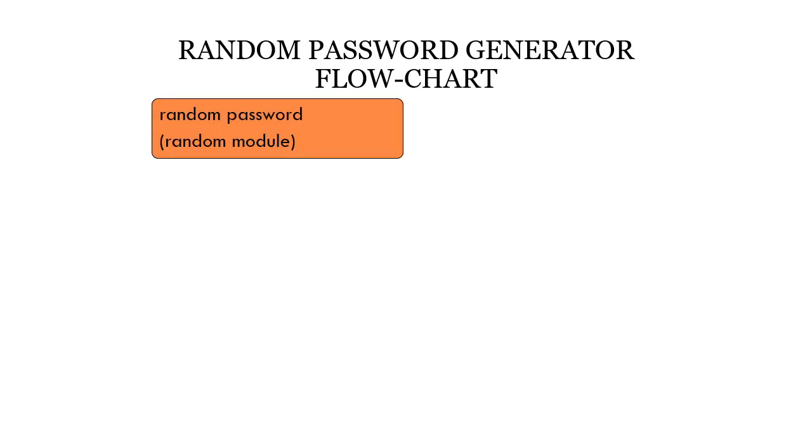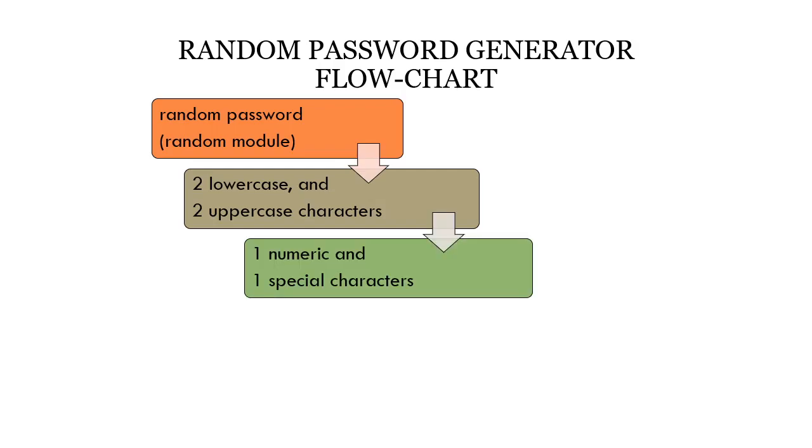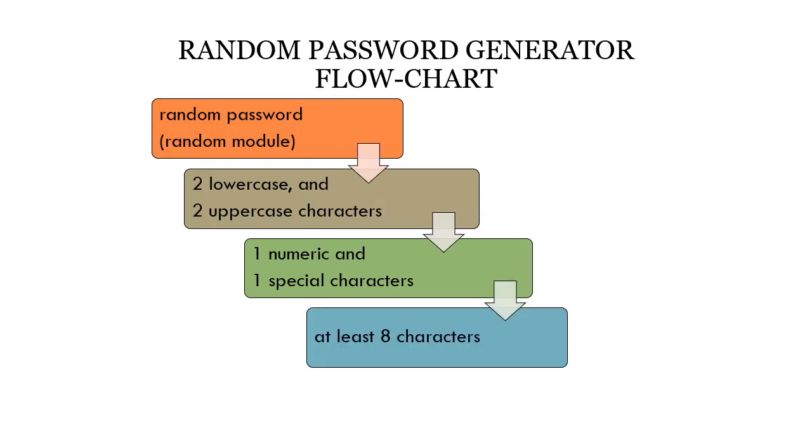Our basic requirement is we need to generate a random password, so we need to use the random module. Based on that, we will randomly choose 2 lowercase and 2 uppercase characters, as well as 1 numerical and 1 special character. But that's only 6 characters, so we need at least 8 characters based on our requirement, and we'll fill at least 2 more characters to make up at least 8 characters total.